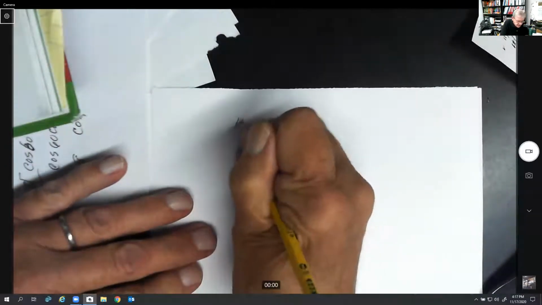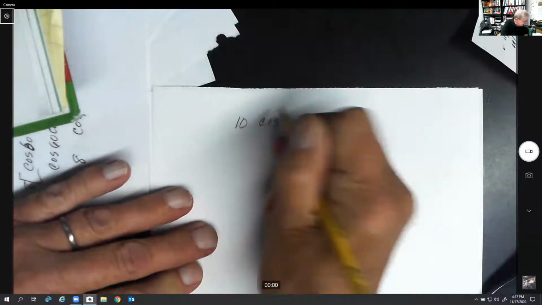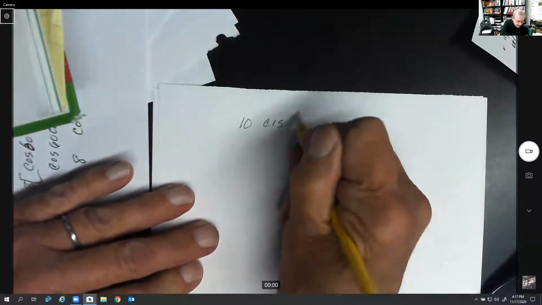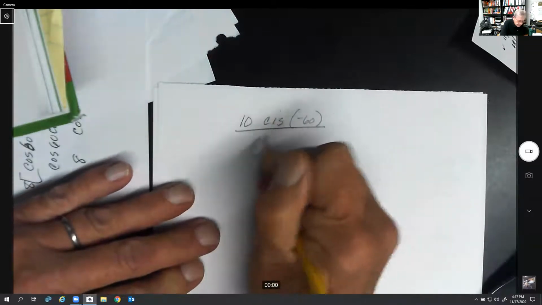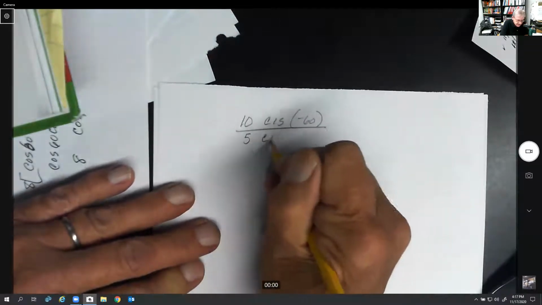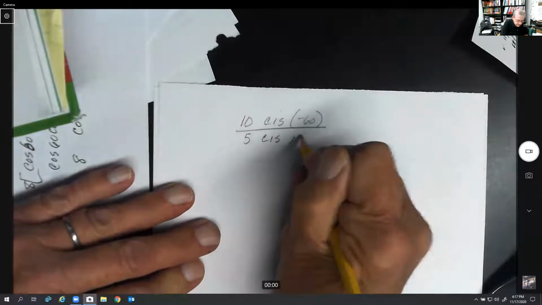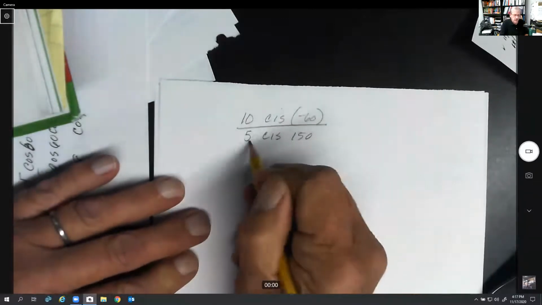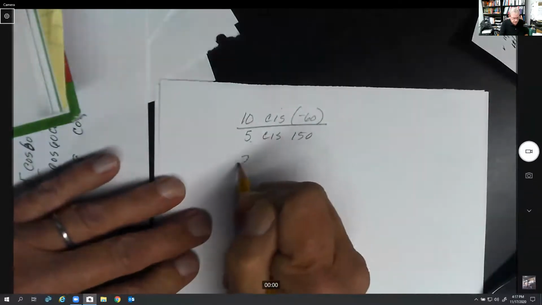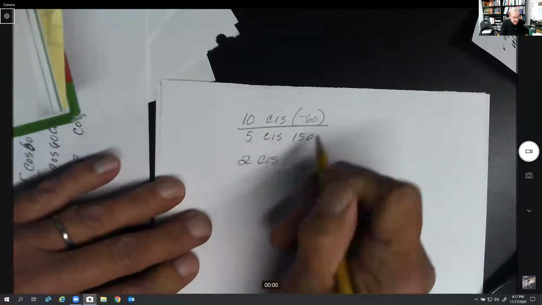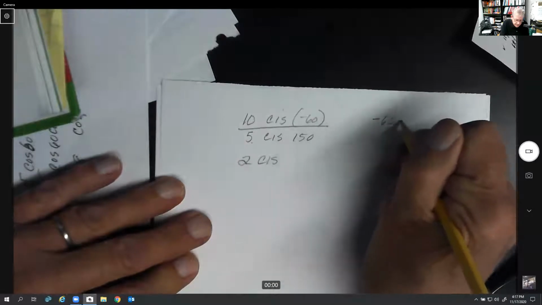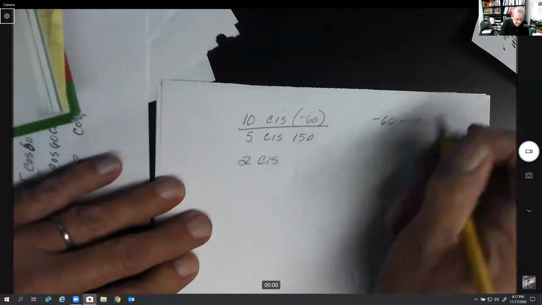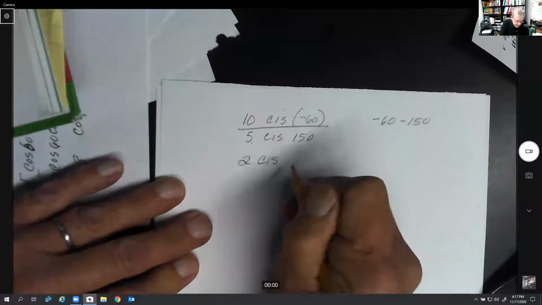Okay, suppose we had 10 cis -60 divided by 5 cis 150. Okay, so 5 into 10 is 2, cis, and I'm going to jot it down here, -60 minus 150 would be -210.